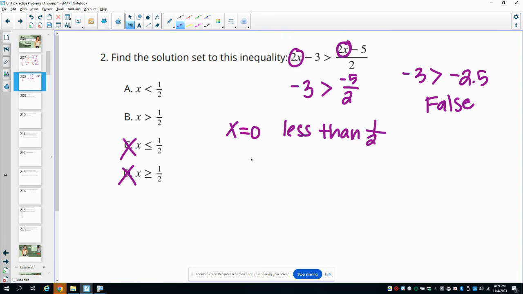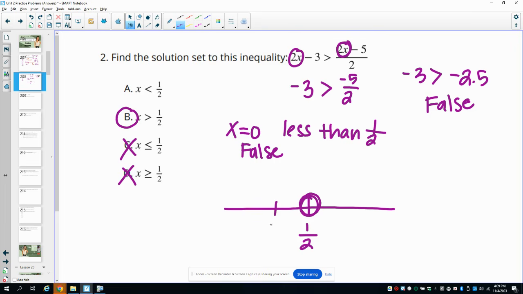So when we plugged in 0, we got a false solution. So 0 is part of the less than 1/2 category. So that's going to be false, so B is true. And let me just write that on a number line so that maybe it makes more sense. So we know that 1/2 is the boundary. So now I just plugged in x equals 0.